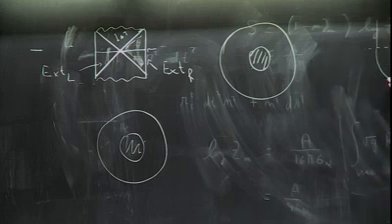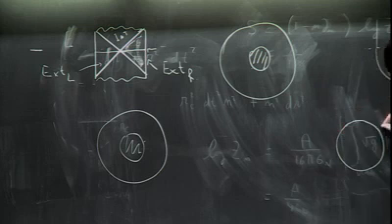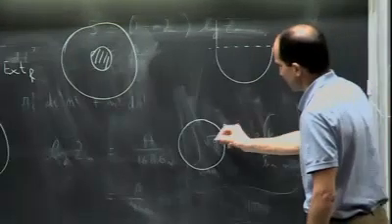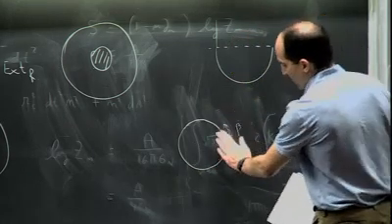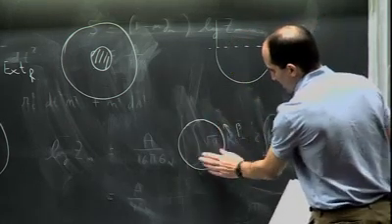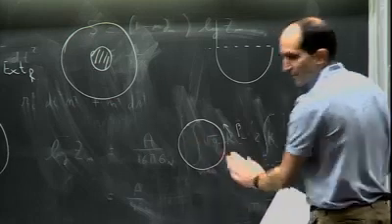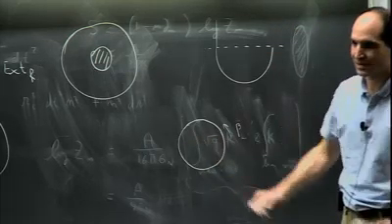Recall that the Euclidean black hole is a full circle. The circle is the time direction of length beta, and the fact that it shrinks in a smooth way is just saying that the topology of the radial direction and the circle is that of a disk. And that's what we are drawing here.